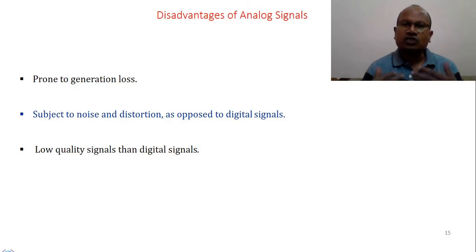We have tried to understand the representation of analog and digital signals, and we have also explained how an analog signal is converted into a digital signal. Then finally, we have discussed the advantages and disadvantages of analog signals.